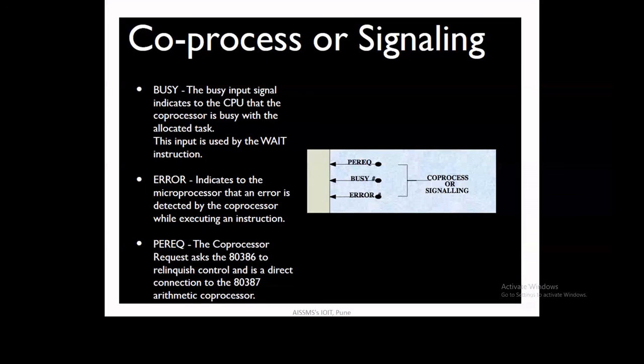Then the last group of signals are the coprocessor signals. In this group there are three pins which are all input pins. The first is the BUSY pin. This input signal indicates to the CPU, that is the 80386 microprocessor, that the coprocessor, which can be 80387 or 80287, is busy with the allocated task when this pin is active.